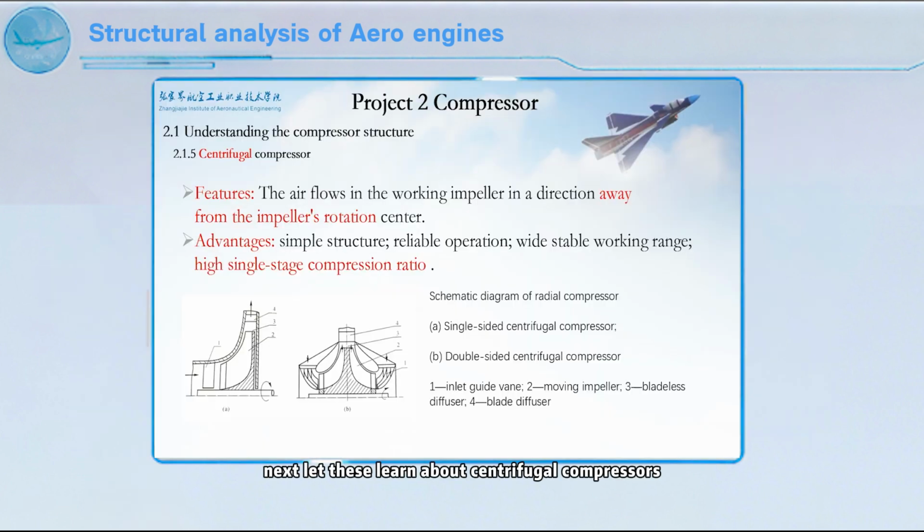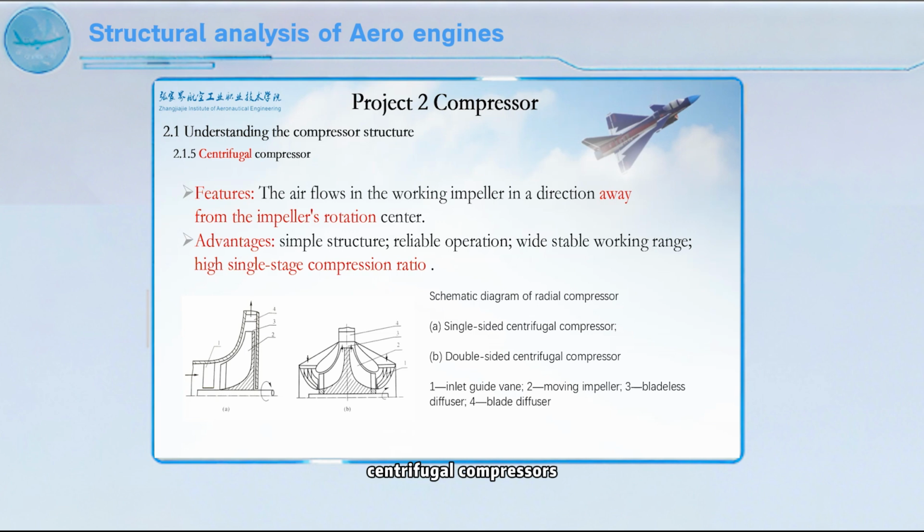Next, let's learn about centrifugal compressors. Centrifugal compressors are generally composed of an air intake device, an impeller, a diffuser, and an air collector. The airflow in the centrifugal compressor flows in a direction away from the rotation center of the impeller.